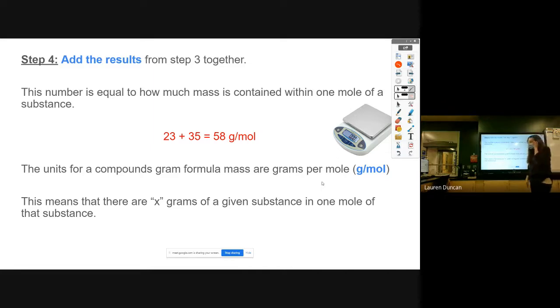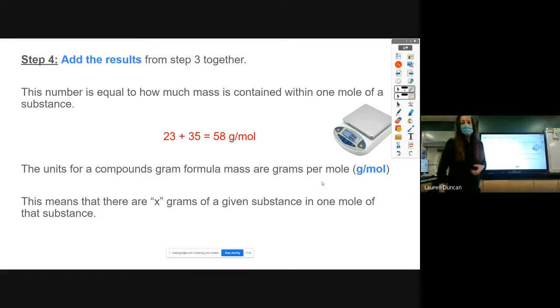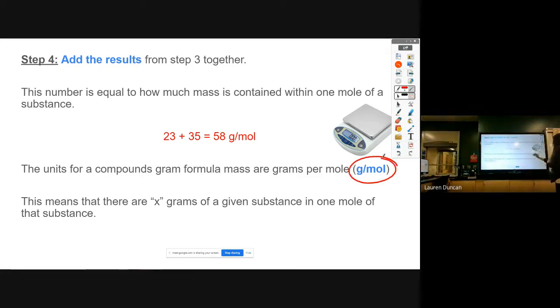And that is the approximate mass in grams of 1 mole of particles of whatever substance you're performing this calculation for. So the unit here for the gram formula mass is going to be grams per mole.